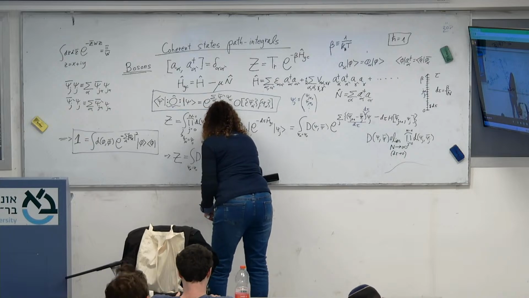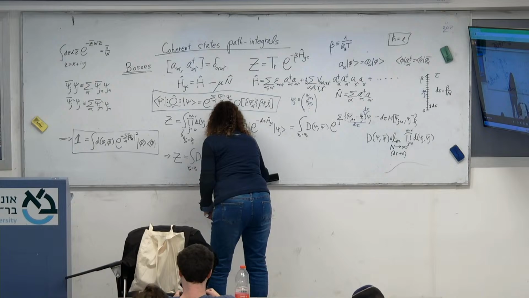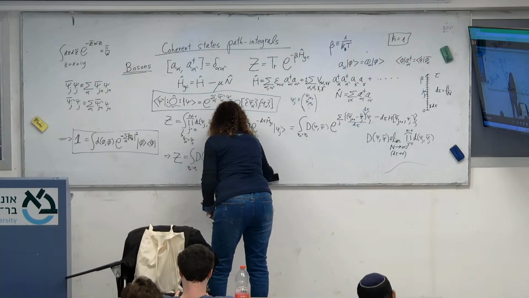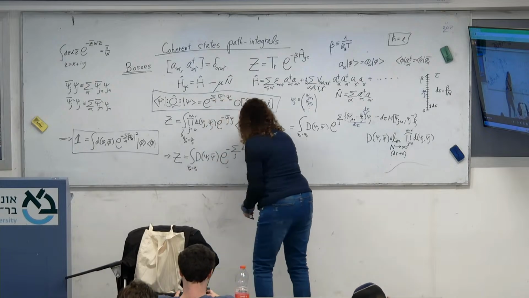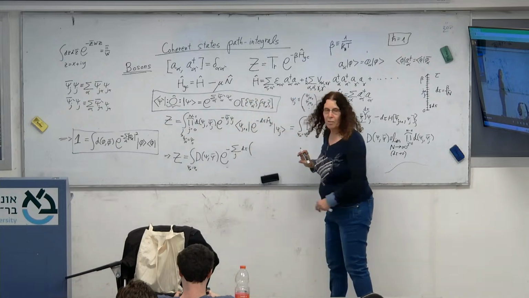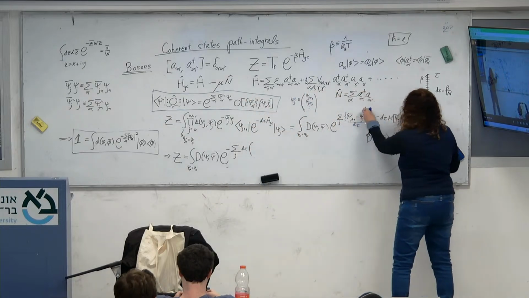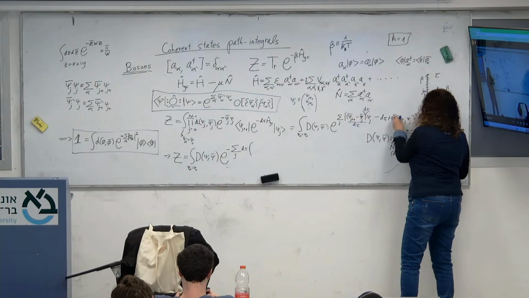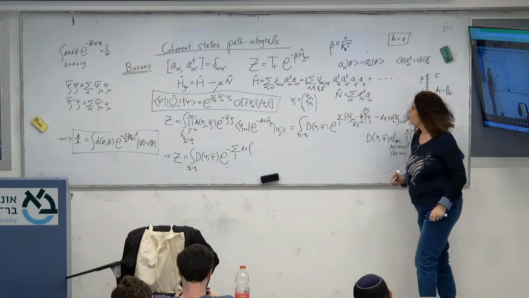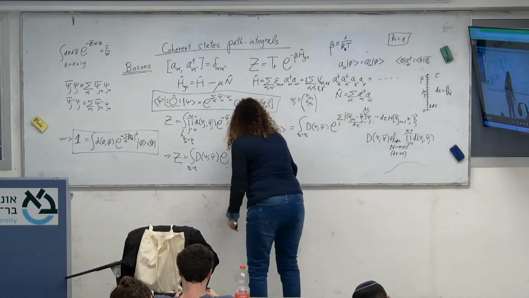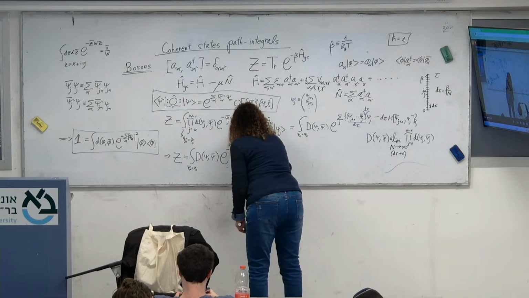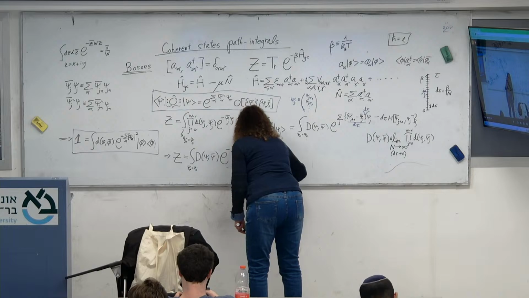Let me write it like this: it's minus the sum over j of d tau. I take it outside of the parentheses because it's a common factor to these two terms after I turn this into a derivative.